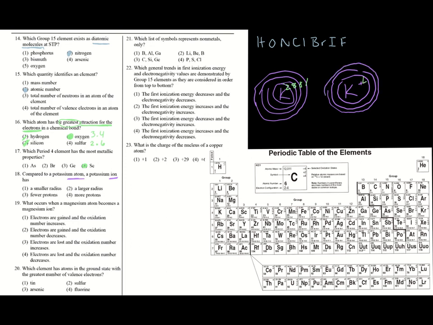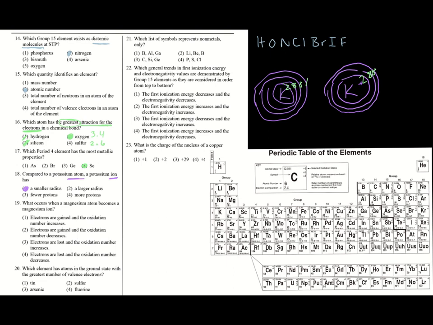So then it becomes 2, 8, 8. So it becomes smaller because it loses an electron to become that ion, that K plus ion. It's a smaller radius. Not because of protons. It's still the same number of protons, because otherwise you're not going to have potassium. It's got to be electrons.